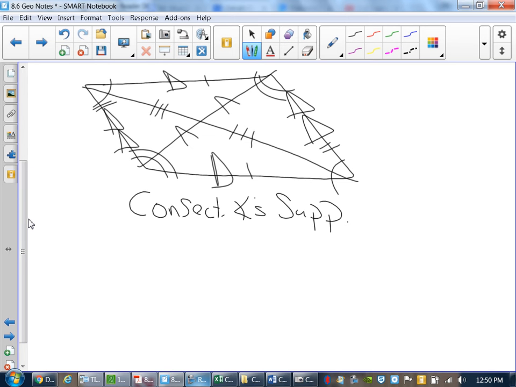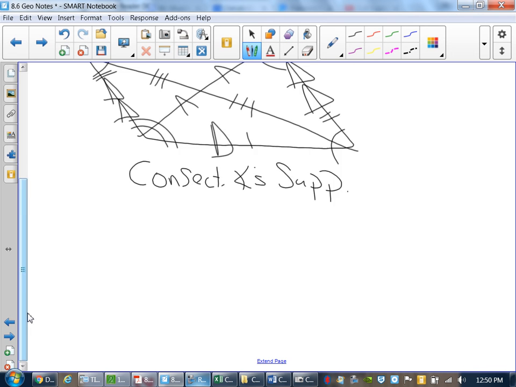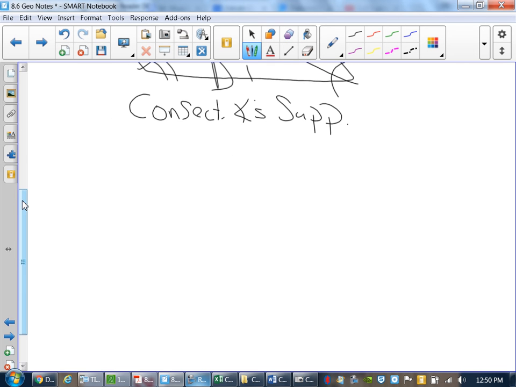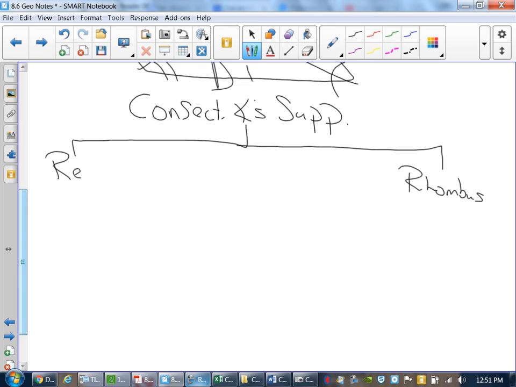Now, after we talk about parallelograms, we switch to the two other types of them, the rectangle and the rhombus, and they each have their own properties. They still shared everything of a parallelogram, but they had other things that made them more specific.